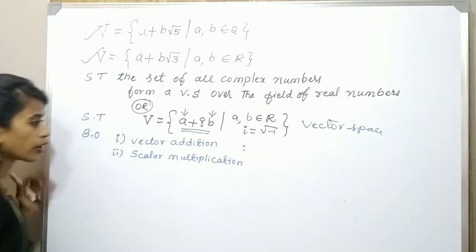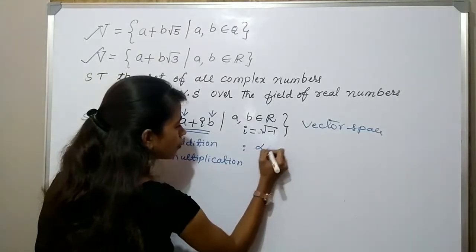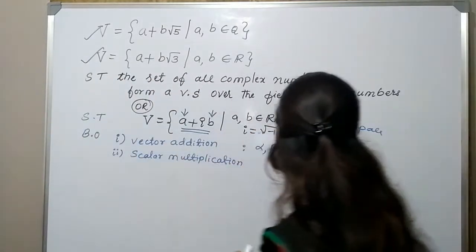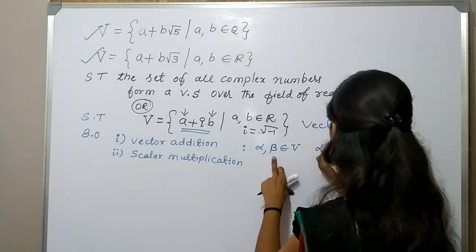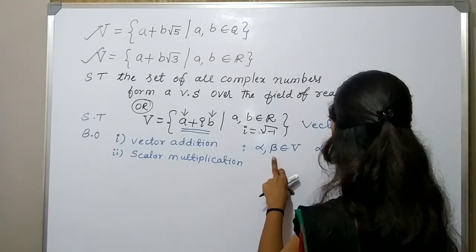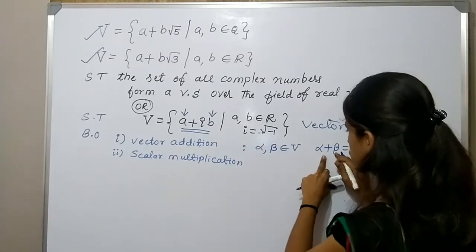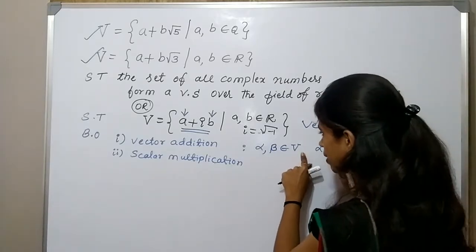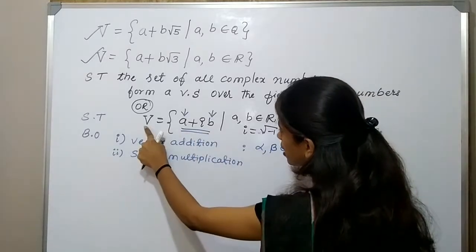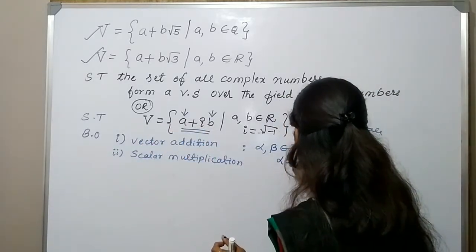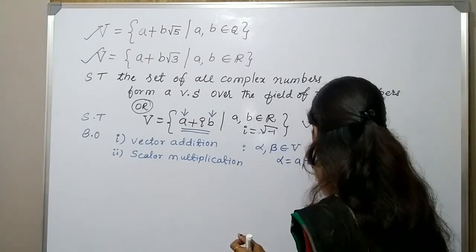For vector addition, alpha comma beta belongs to V. Then alpha plus beta is equal to what? Alpha belongs to V means it is in the form of a plus ib, so I am taking alpha as a1 plus ib1.